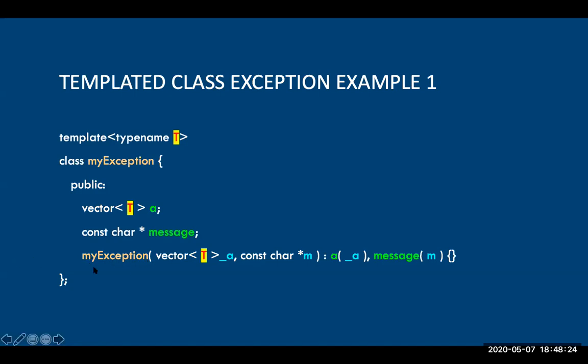In our constructor, we need to construct our exception class here and set A equal to A, the vector that's passed in. And we want to set our private message equal to some const char string that's passed in. So we're basically building this little package of error information that's going to be chucked over to the catcher at some level in the program. So that's going to be our class.